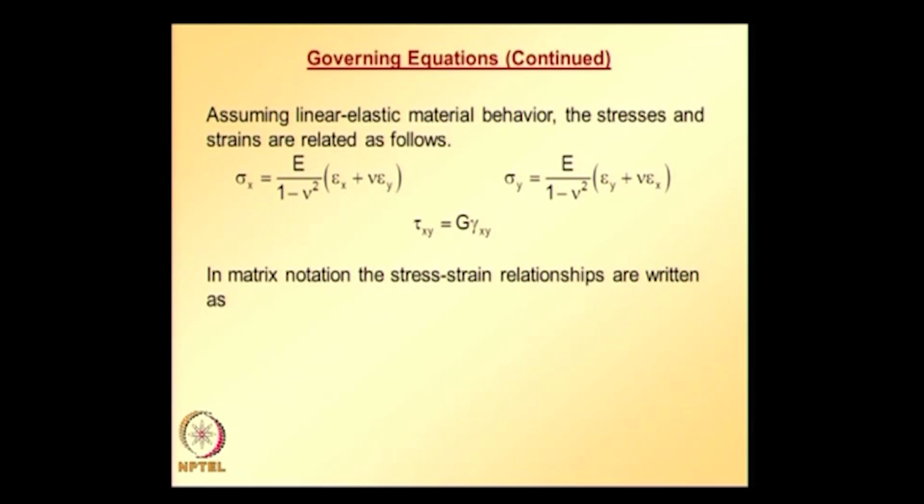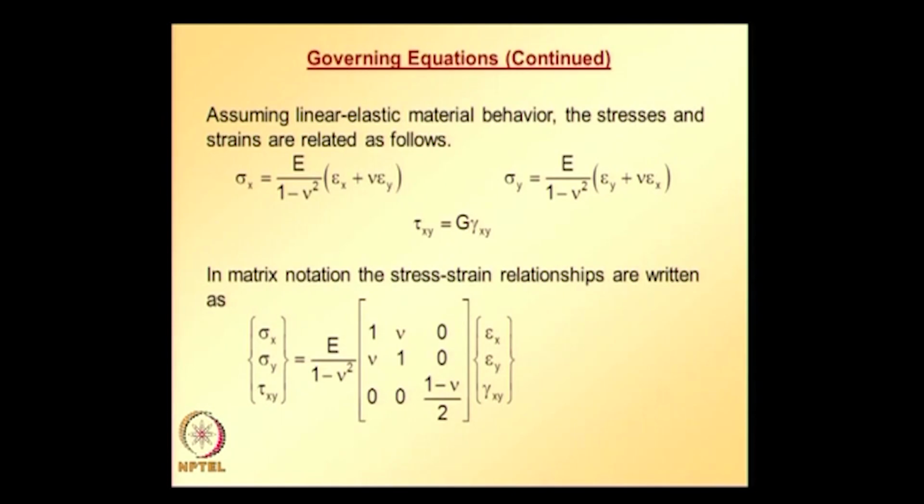Shear modulus is given by Young's modulus divided by 2 times 1 plus Poisson's ratio, 1 plus nu. So, when we write these three equations in a matrix form, it looks like this, or it can be compactly written as sigma is equal to C subscript sigma epsilon. C subscript sigma denotes constitutive matrix corresponding to plane stress condition.